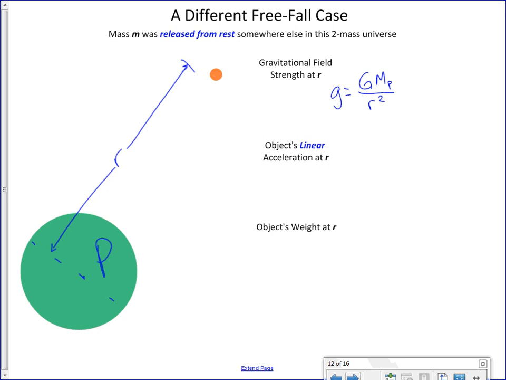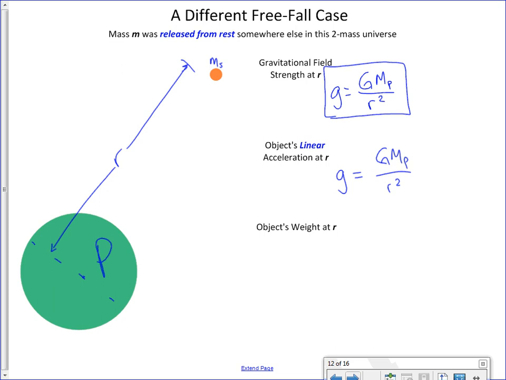How about we do this and call it mass satellite? We release this thing from rest. Well, how fast does it accelerate? Here's how fast: at g. This is the field strength, but it's also the acceleration. And how do we know that?